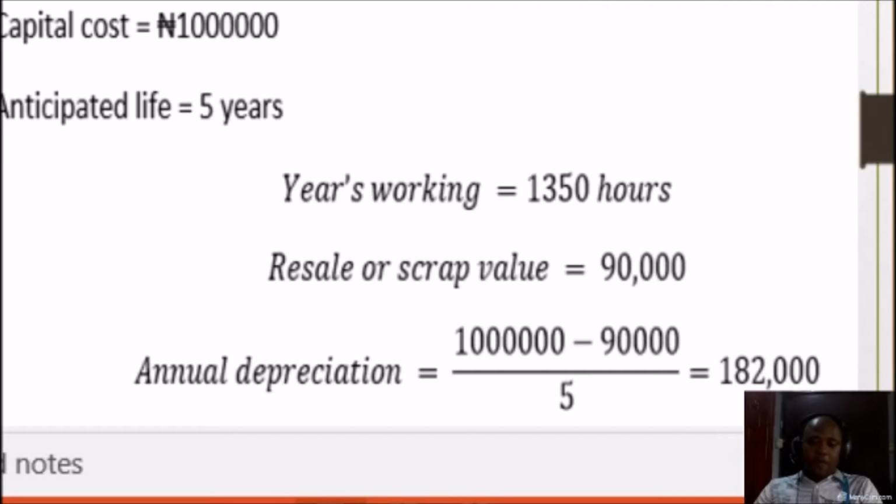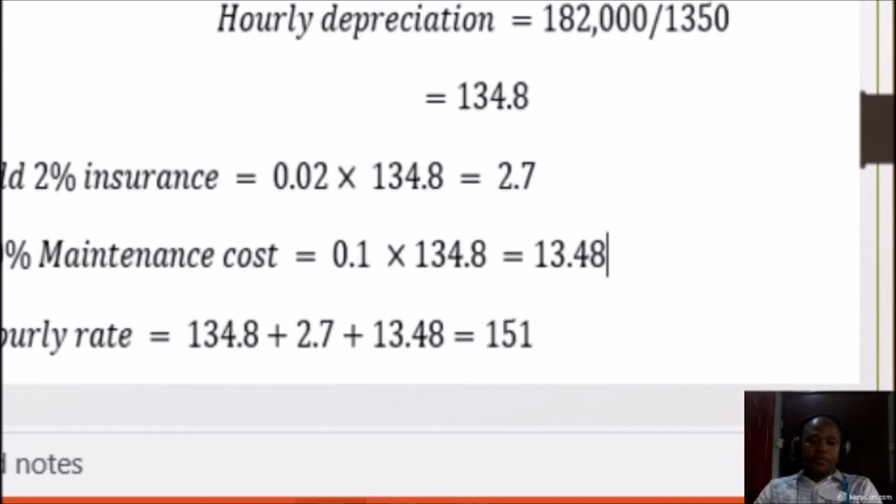Next we calculate the hourly depreciation. So having gotten the value of 182,000 naira from the annual depreciation, remember from the question we were told that the equipment will work for 1,350 hours.